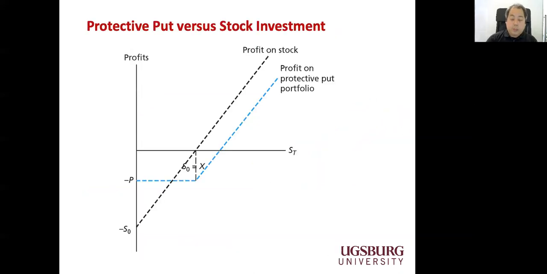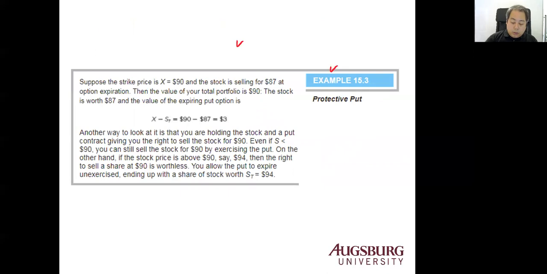This is the comparison between the profit on the stock and the profit on the protected put strategy. Example 15.3 shows how to use the protected put. Suppose the striking price is $90 and the stock is selling for $87 at the option expiration date. Because the expiration date price is below the exercise price, you exercise this option, right?